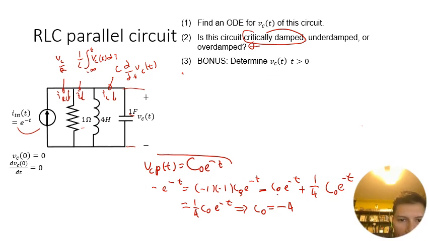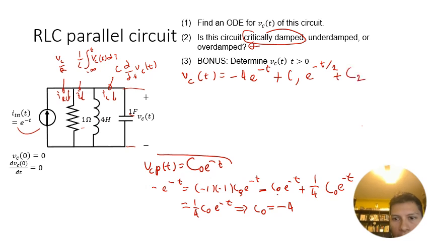So remember that V_C of t will be of the form negative 4 e to the negative t plus the homogeneous response, which is just equal to C1 e to the negative t over 2 plus C2 t e to the negative t over 2.